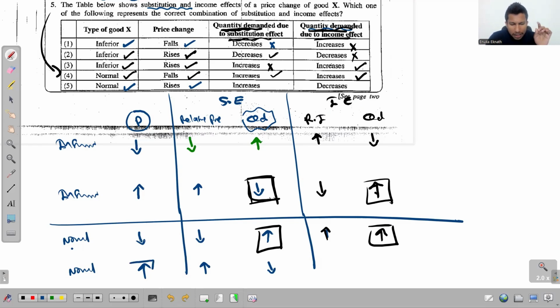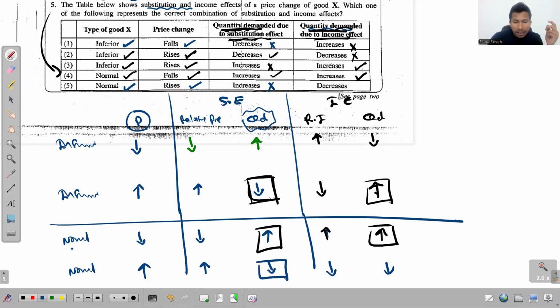When the price increases, the real income definitely decreases. When the real income decreases, since this is a normal good, the consumers reduce the quantity demanded as well. So that's what happens. Now, if you compare this with the provided answer, it says quantity demanded due to substitution effect increases, which is wrong.